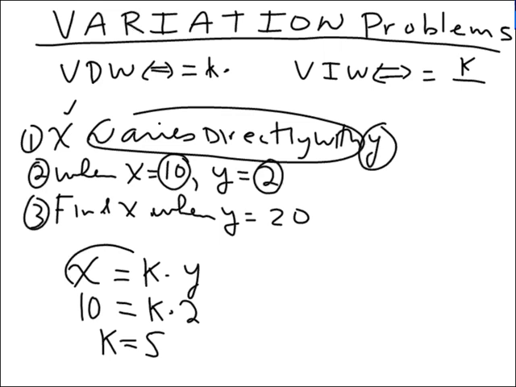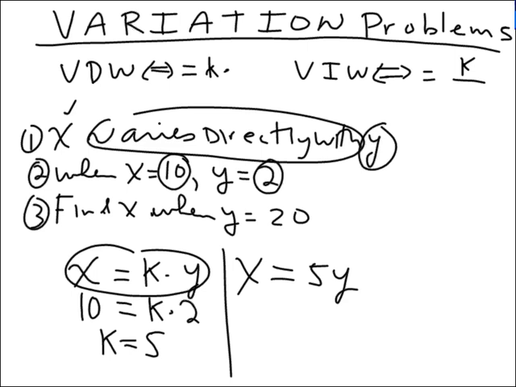Now we can update that first equation. X is equal to k times y, and k is 5. Now they say find x when y is 20. So x is equal to 5 times y, 5 times 20 is 100. So I found x when y was 20.